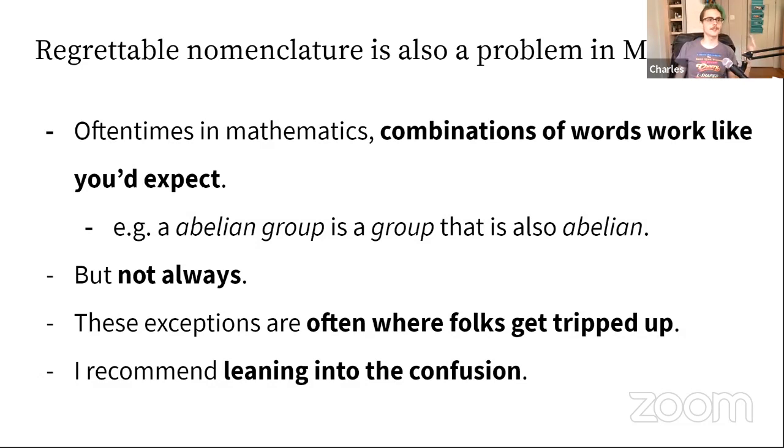There are a lot of things in math where the names of the individual components of the name refer to something, but the combination refers to something quite different. And these exceptions are often where people get tripped up and confused. And I recommend leaning into this confusion and trying to understand what are these other words, the words that go into this compound word, what are their definitions?